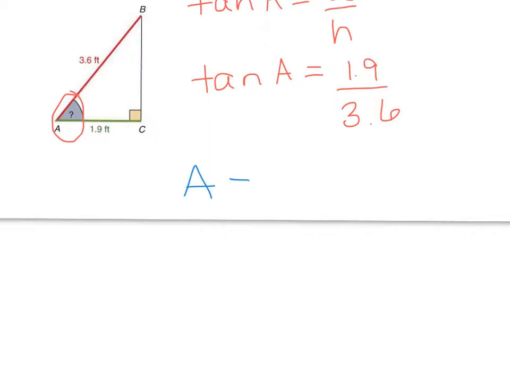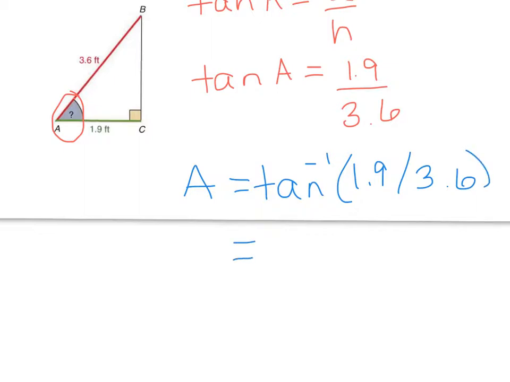So to figure out how big angle A is, we will need to do inverse cosine of 1.9 divided by 3.6. You can type it in your calculator just like that, which is what I'm going to do. And you will find out that the size of angle A is, sorry, that wasn't clear, is 27.8 degrees.